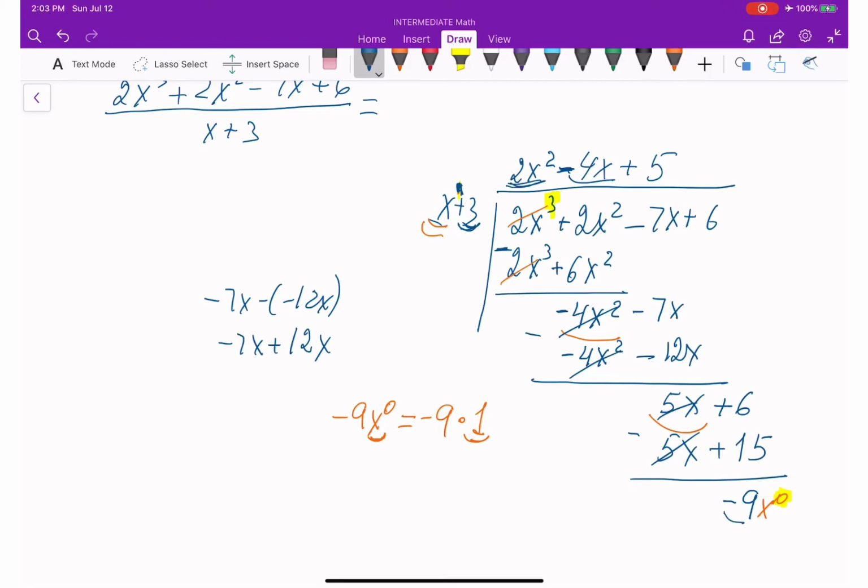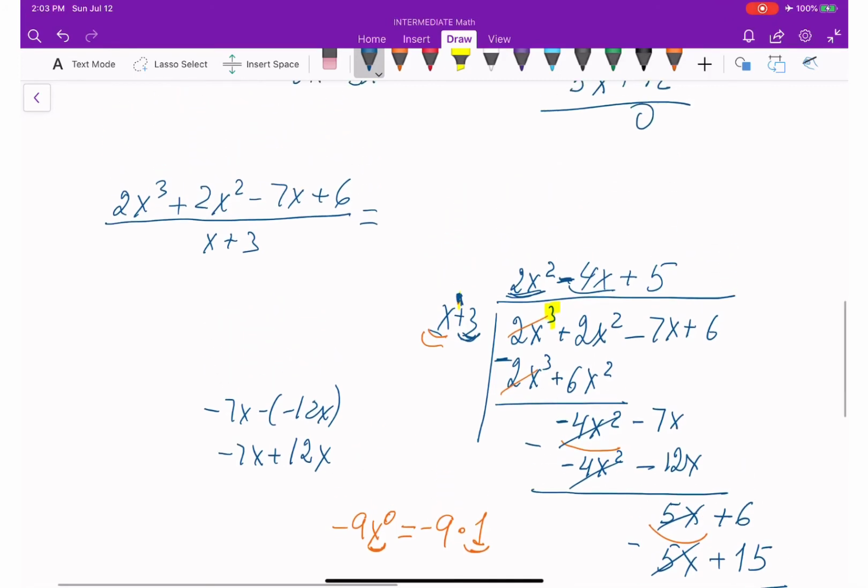So when the degree in the remainder becomes less than the binomial's degree, then we're done with division. So what we have here, let me write down. The result is going to be 2x squared minus 4x plus 5.